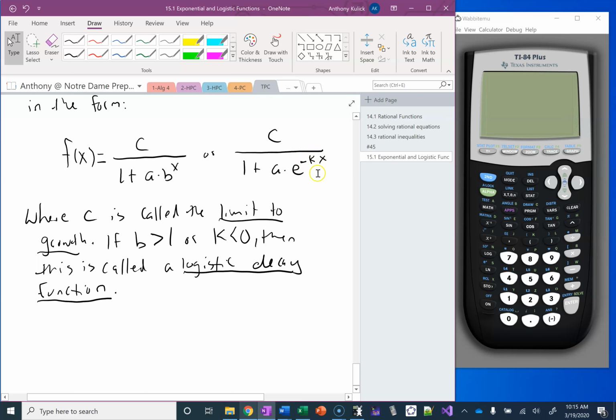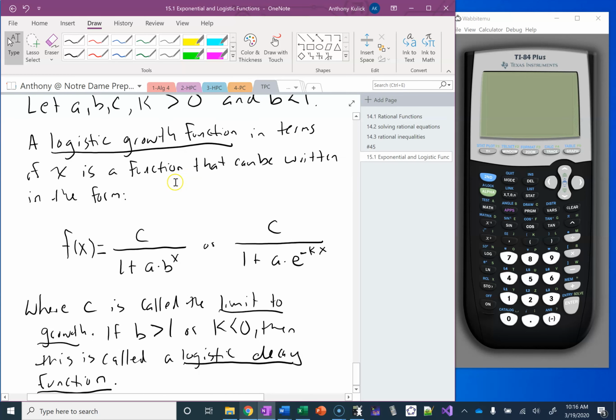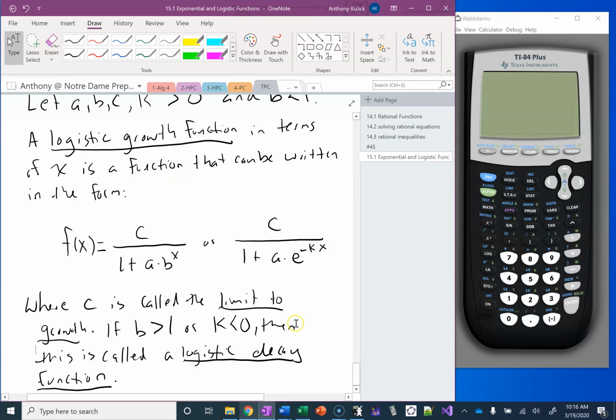So here, notice that when the k is positive, it's growth, and when the k is negative, it's decay. And you're probably wondering, why isn't it flipped? Well, it's because we snuck this negative sign in on k so that the k's actually behave the same way. It's one of the advantages of this kind of form for an exponential function, is you can make the logistic match up so the k's are describing kind of the same thing.